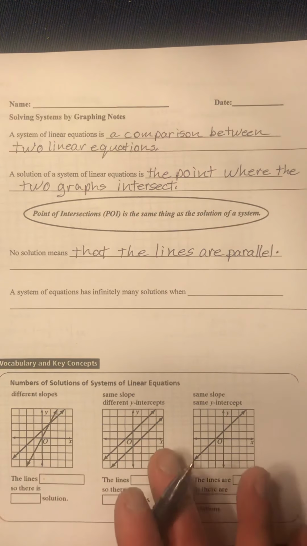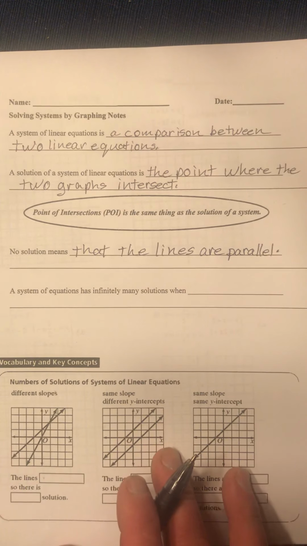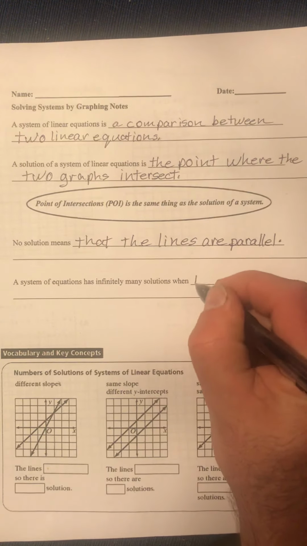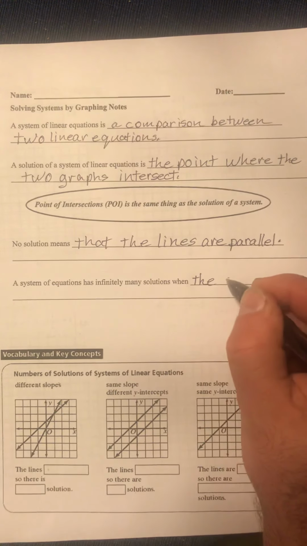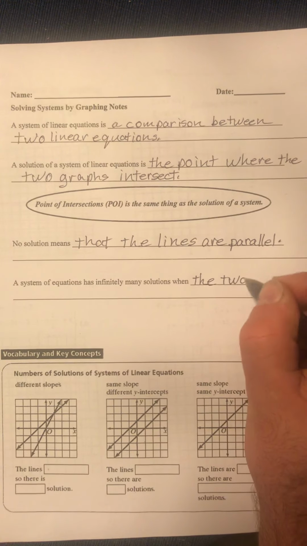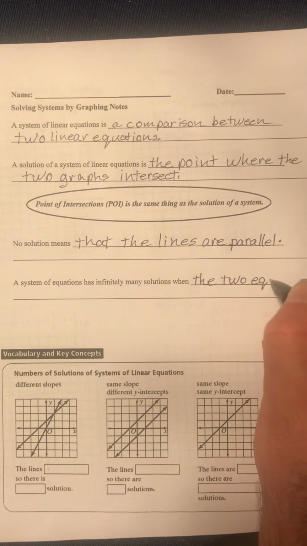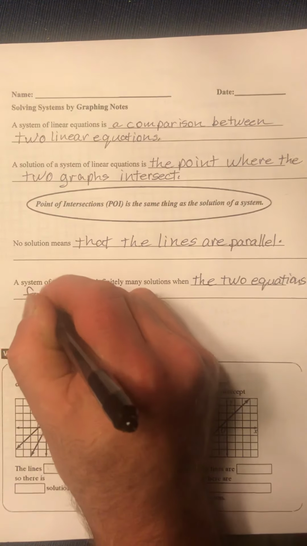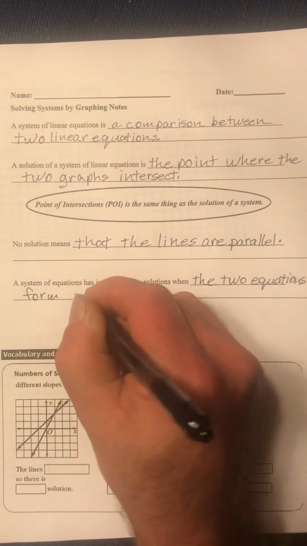A system of equations has infinitely many solutions when the two equations form the same line.